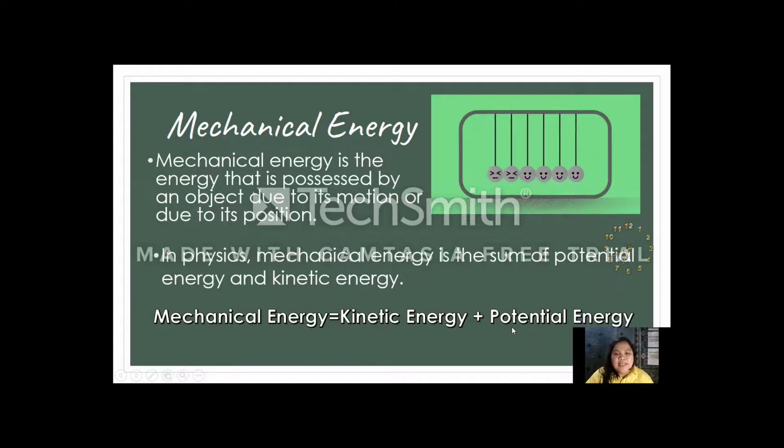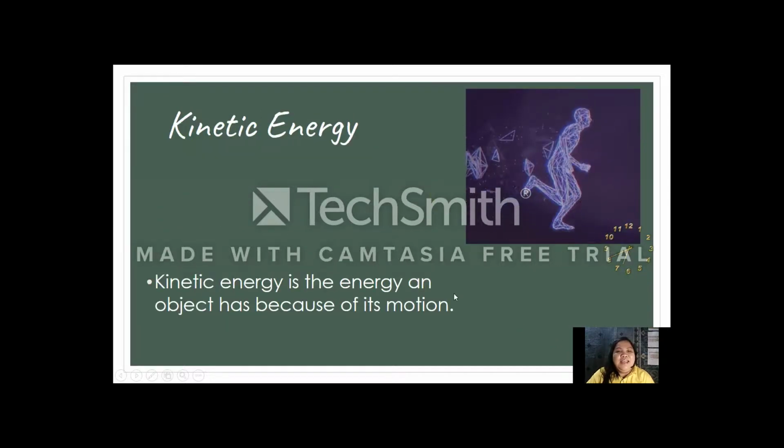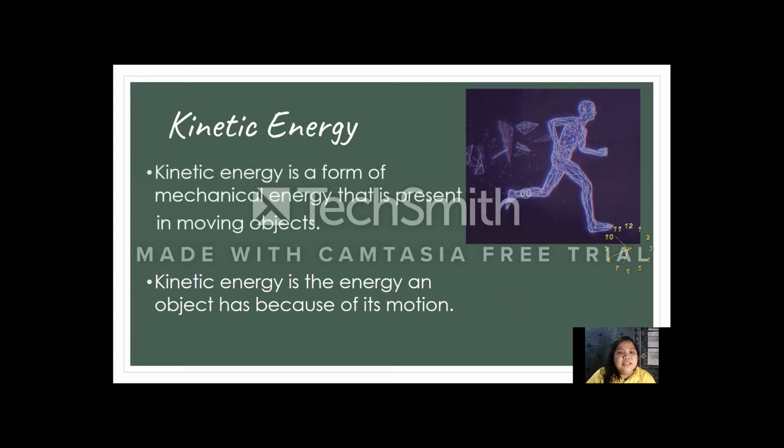So, what do kinetic energy and potential energy mean? Okay. So, kinetic energy is the energy of an object because of its motion, or the energy of moving objects. It is a form of mechanical energy that is present in moving objects.